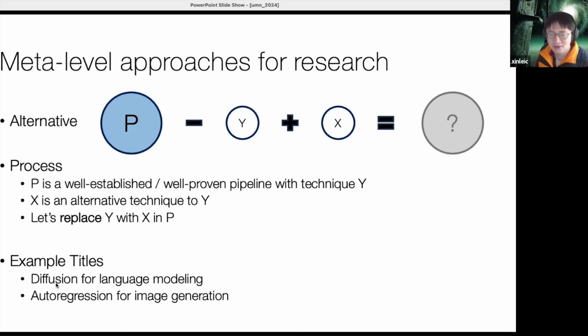So for example, they would plug in one successful technique like diffusion, successful in computer vision, and then try to use it for language modeling. And the opposite also holds. Autoregressive modeling is very successful in language, so let's try it for image generation. So in fact, these are hot topics for today's research.